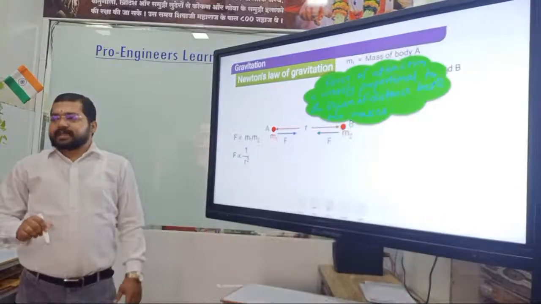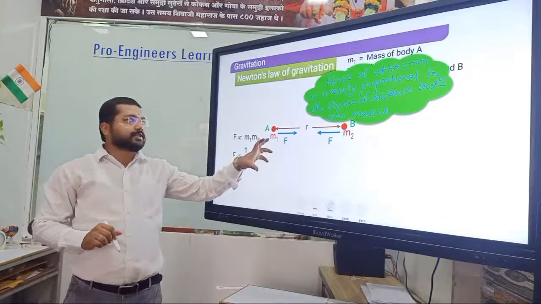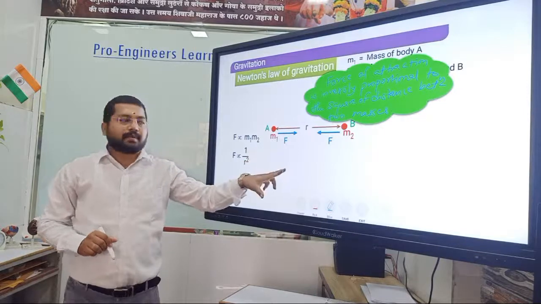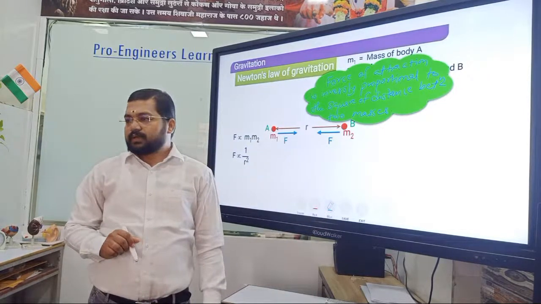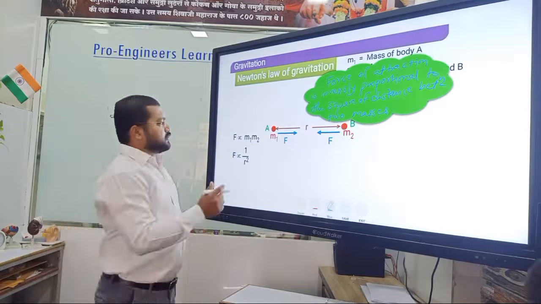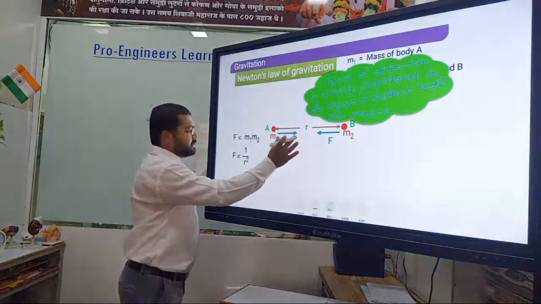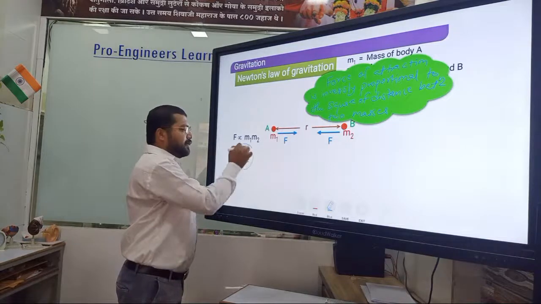So what is our second statement? Force of attraction is inversely proportional to the square of distance between two masses. So between these two, whatever may be the distance, that must be inversely proportional.